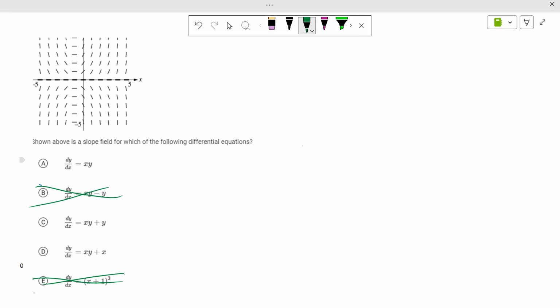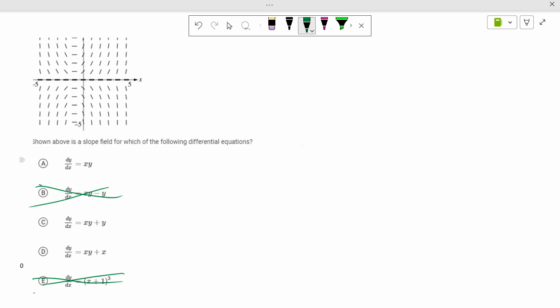1, 1 would have a slope of what? 2. That could have a slope of 2. Might have a slope of 1, might have a slope of 2. We're not sure. So that's still in the running. Okay? So we got to go somewhere else. Well, see how the slope is 0 right back here? That's got to be a telltale sign of something. So if we go negative 1, 1.